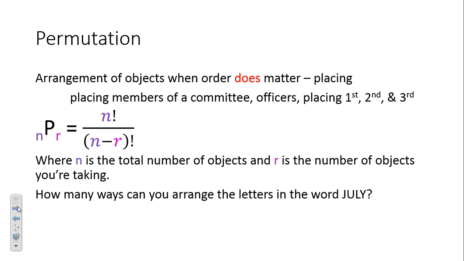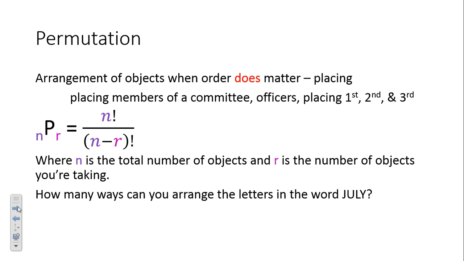You're placing people. Who gets first place? Who gets second place? Who gets third place? Who's the president, the vice president, the secretary? When order does matter, who's going to become members of a committee? Who's going to be the officers of the student council? When order matters, when they have a distinction, a title, a specific place or location, then that's when we use something called a permutation.